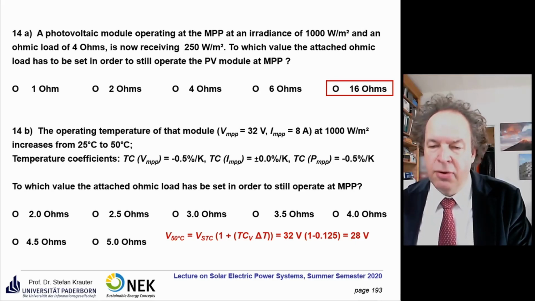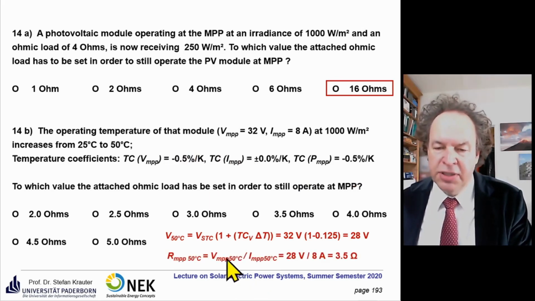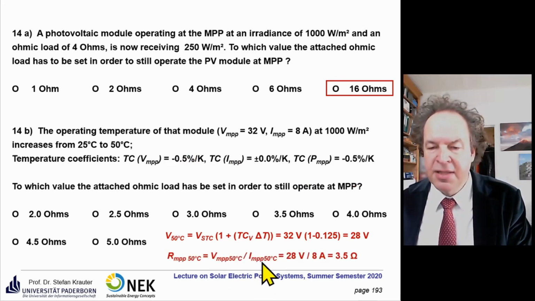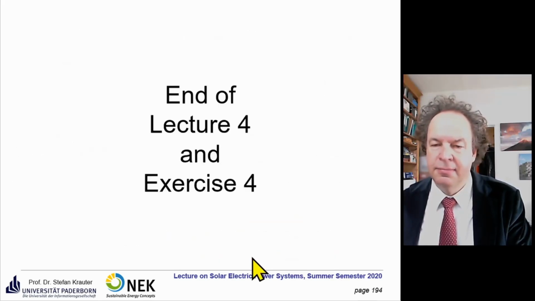Then we also calculate the resistance: the voltage at the maximum power point divided by the current at the maximum power point. The current has no temperature coefficient, so it stays the same, 8 amps. With 28 volts, we have as a result 3.5 ohms. That's our result. Thank you very much.